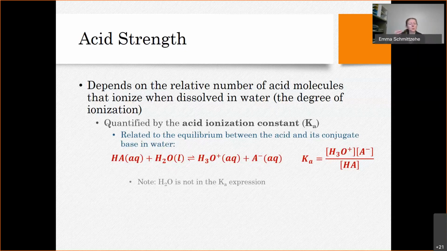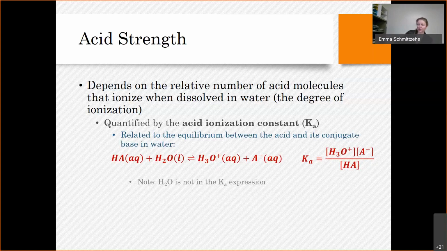But it's just labeled as a Ka because specifically it relates to an ionization of an acid. So it's always some acid molecule reacting with water, forming H3O plus, and then leaving behind the anion, okay? So I give you a general form of the ionization of a weak acid here.